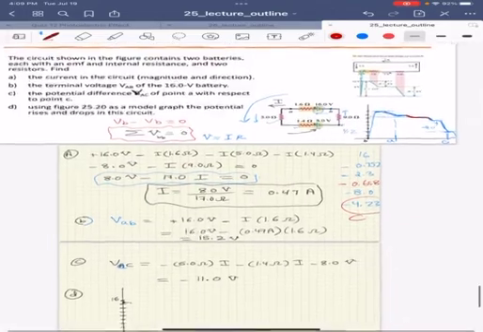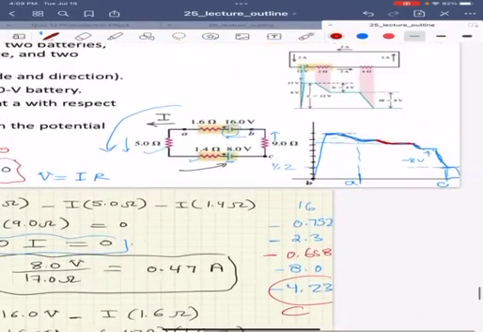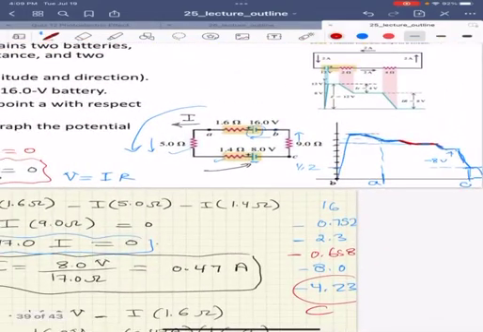Now, when I draw this, going from B, which is here, to here, I go up 16. This is 16 volts. Then there is a wire, and along the wire the value is constant. Because of the 1.6 ohms, I have a drop of 0.752, which is calculated from the current times the value of the resistor.